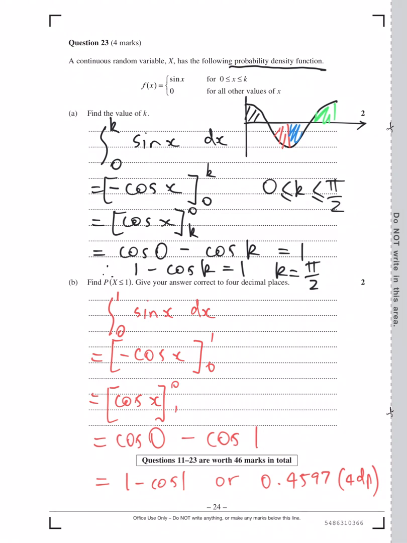Now if I was to draw this as a sketch, I love drawing a graph. If we think about it, this is the part of our probability density function we're working with. We can't do the whole cosine curve because its area adds up to more than 1. It's also negative there. But what we're finding here is, well, this is pi over 2, which is about 1.57.